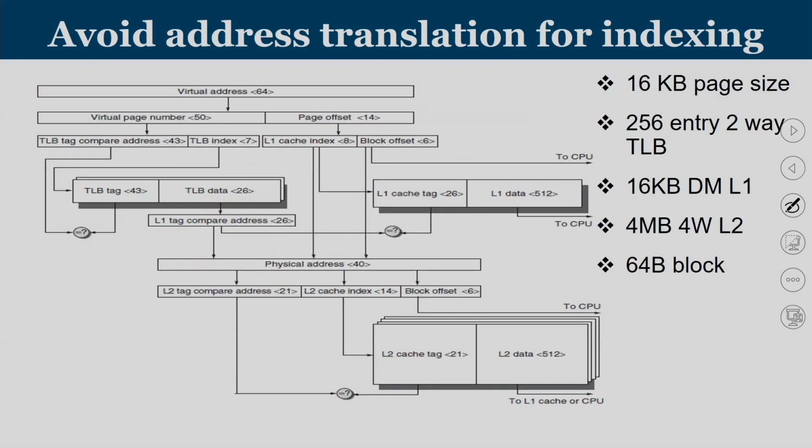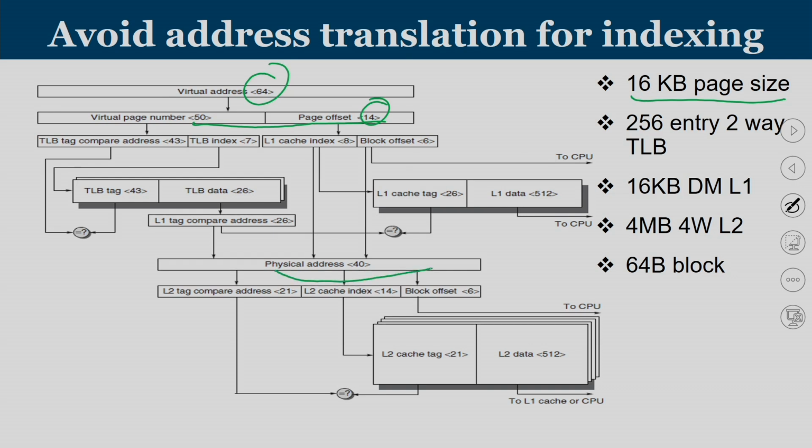This is a classical case study in which we are talking about a 64-bit virtual address which is divided into a 50-bit page number and a 14-bit offset. That is why we are talking about 4 KB or 16 KB page size; 16 KB means 2 to the power 14, so 14 bits are used for that. Now, you search in your TLB in order to get the physical address.